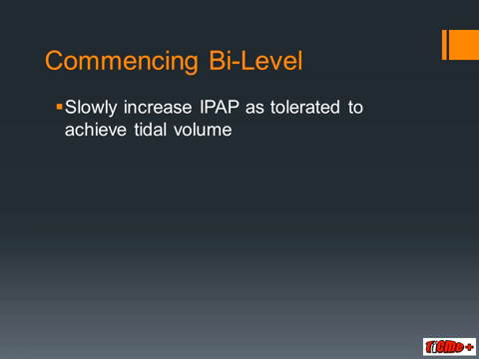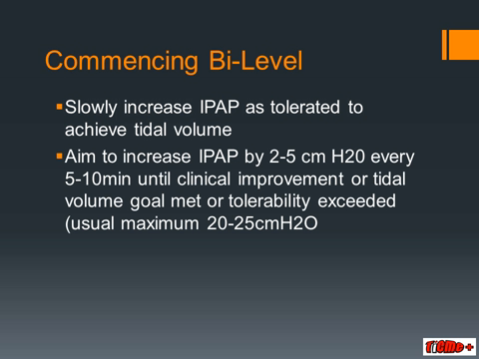When you're starting off on bi-level, you need to slowly increase the IPAP to achieve the tidal volume that you're after. You do this by increasing the IPAP by 2 to 5 centimeters of water every 5 to 10 minutes. You do this until you see clinical improvement, or you reach your tidal volume goal, or you reach the tolerability of the patient.